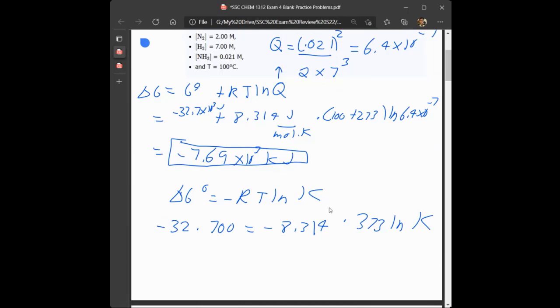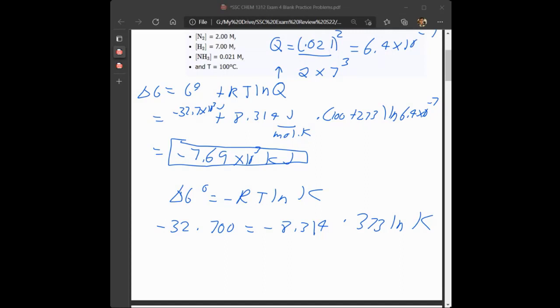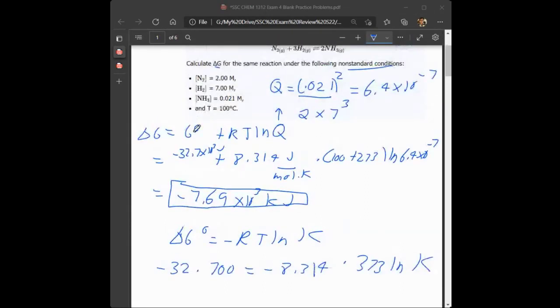So what was the minus nFE equation for? I believe that is going to be for delta G naught. Let me double check. Yeah, delta G naught. I think that's a really good question, because the question is, what was the negative nFE equation for?